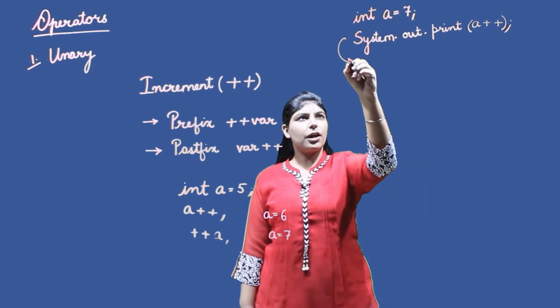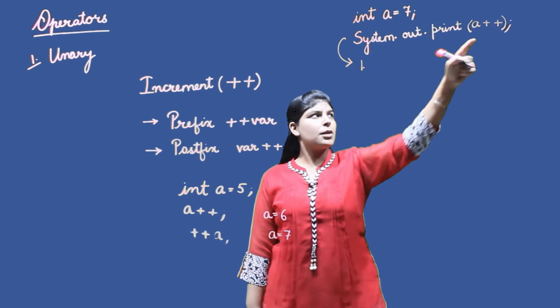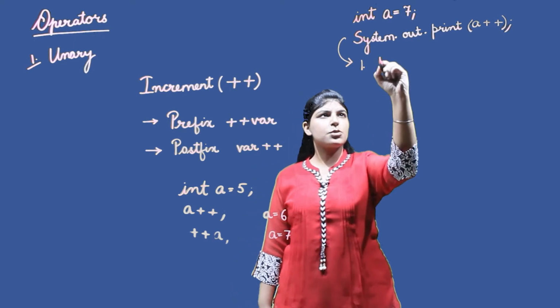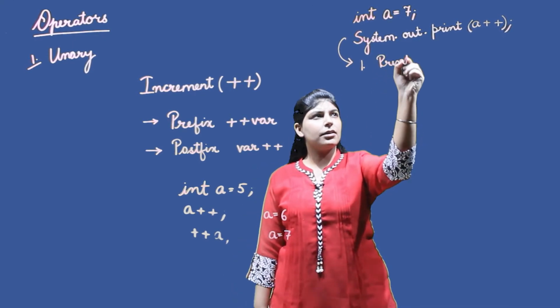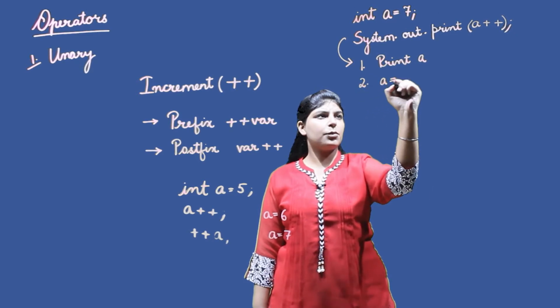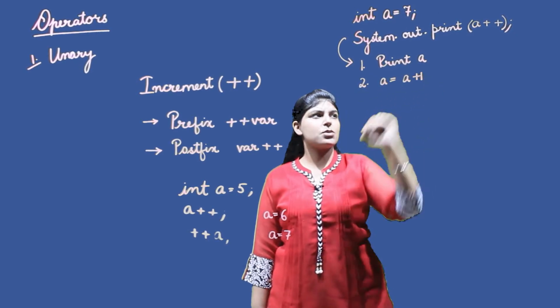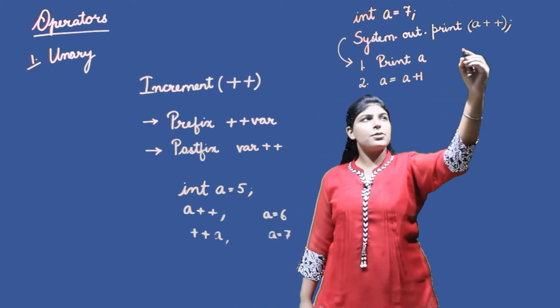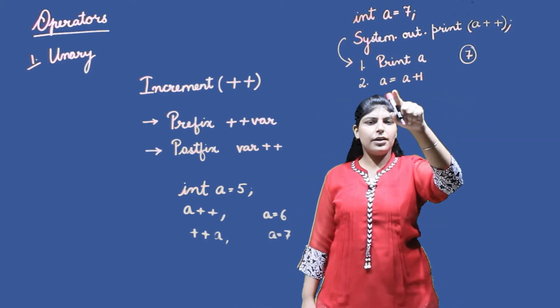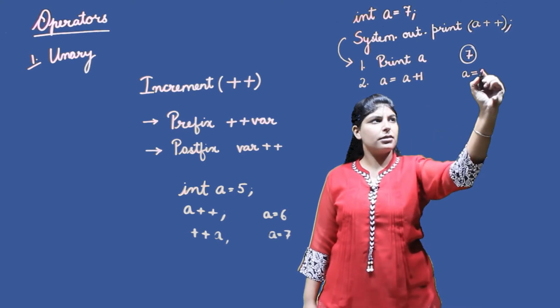So if I want to break down this step, since I am using the postfix notation, the a value will be incremented afterwards. First we will print the value of a, print a, and then a value will be incremented. Afterwards we'll write a is equals to a plus 1. So first a value 7 will be printed on screen, then a is incremented, now a becomes 8.